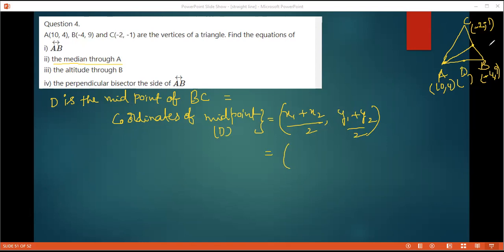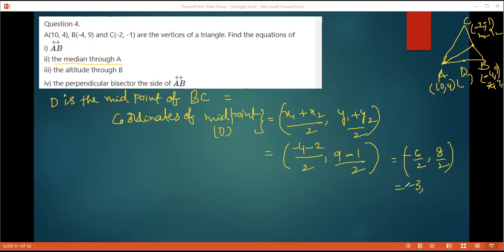This is B, x1, y1 and x2, y2. So x1 is minus 4, plus minus 2 is minus 6 by 2, y1 is 9, y2 is minus 1, so 8 by 2. So what is our point? Minus 6 by 2 and 8 by 2. That is minus 3, 4 is our midpoint.